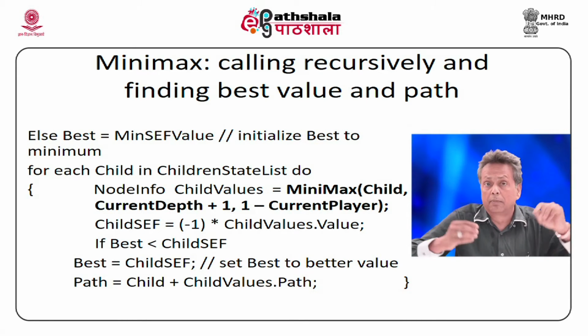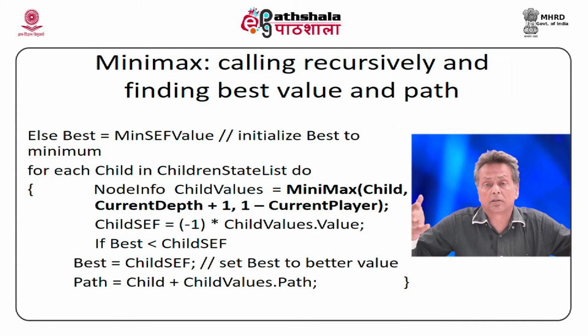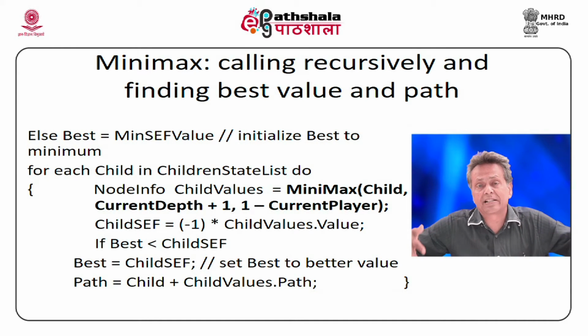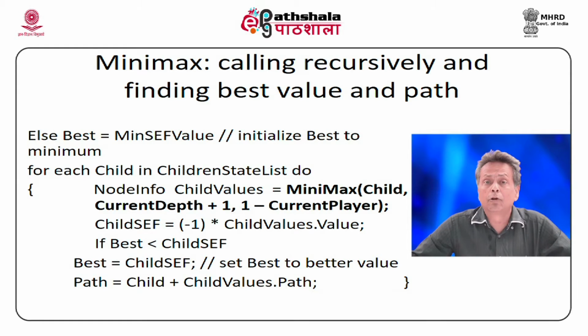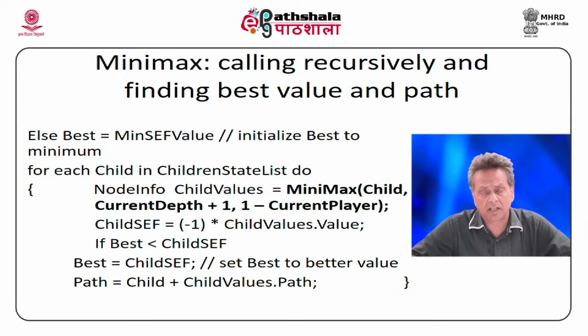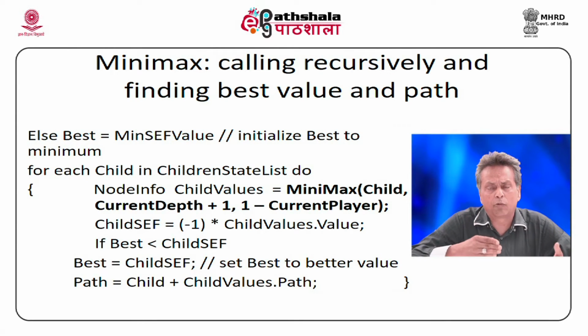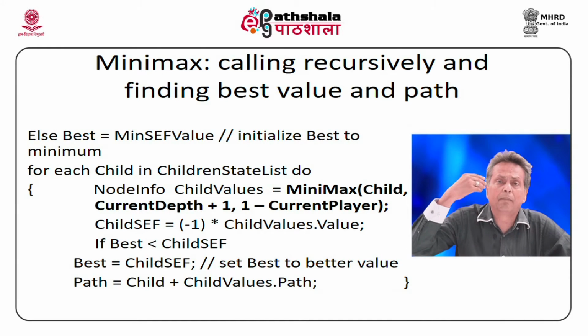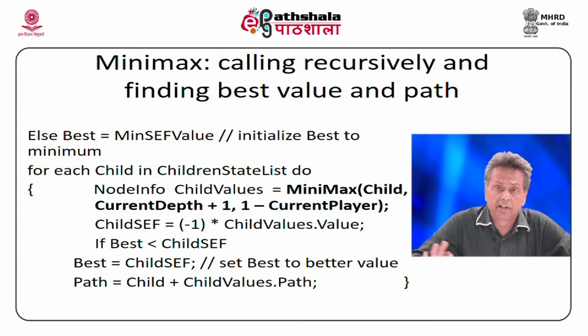Why are we doing it? Remember, we have to find the maximum value in case of a maximizing ply, and the minimum at the minimizing layer. If you do not want to do that, just negate it. If you negate it, you always apply just one function, maximizing, and you will get the same answer. For example, if I want to find the minimum among 1, 3 and 5, then I take -1, -3 and -5, and when I apply maximum, I get the same answer, irrespective of the sign.